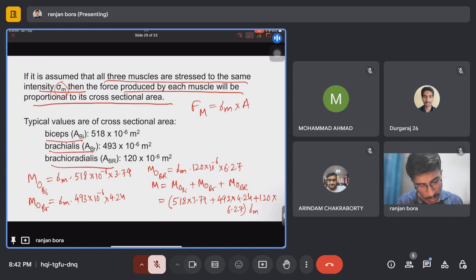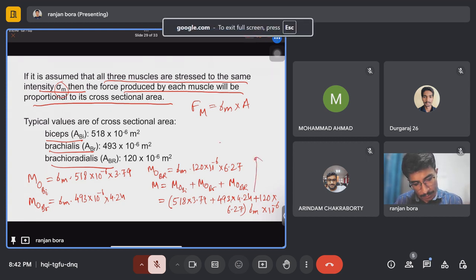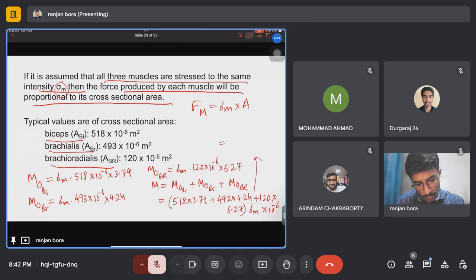We'll take sigma m and 10 power minus 6 outside the bracket. This value will come as 4805.94 into 10 power minus 6 sigma m.